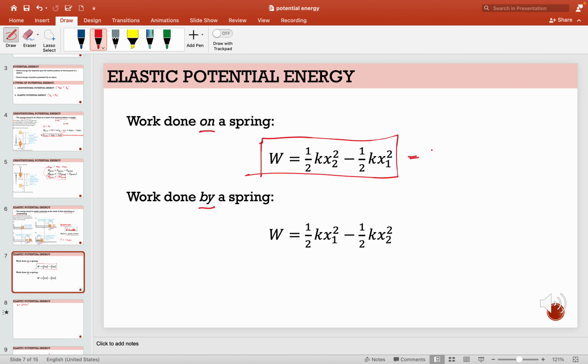We can also have it as 1/2 k times the quantity delta x squared.